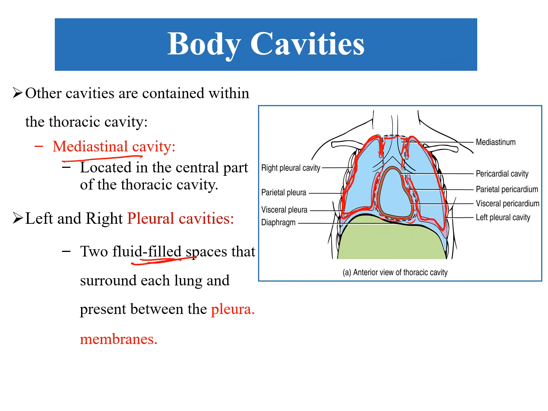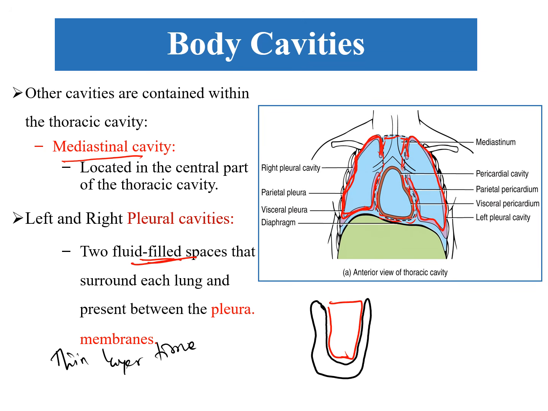But what forms these cavities? Imagine you have the lung here, and this lung is surrounded by a two-layered membrane. What is a membrane? A membrane is just a thin layer of tissue. Think of it like a plastic bag, right?